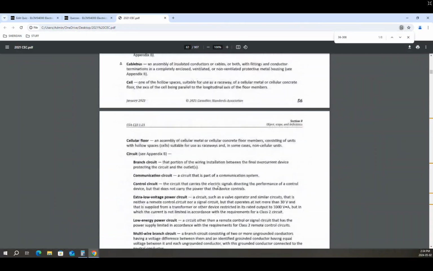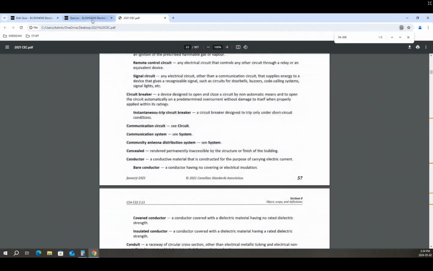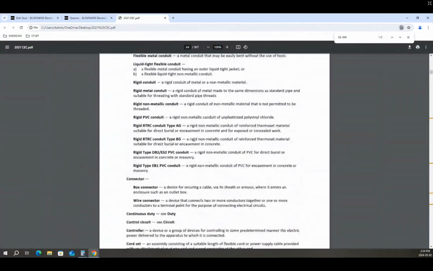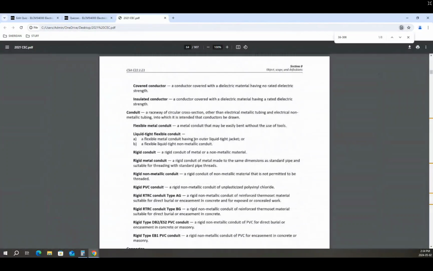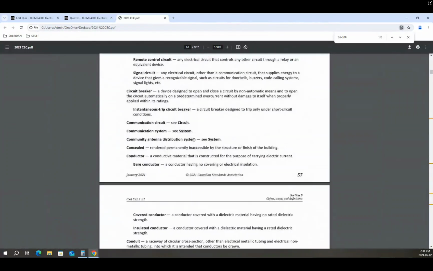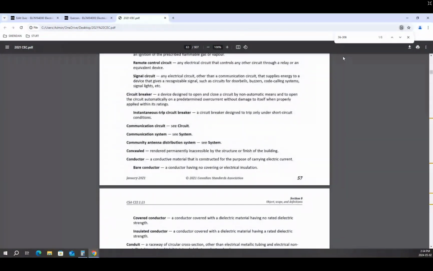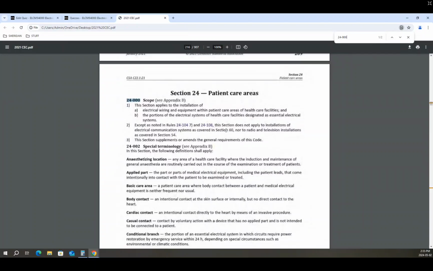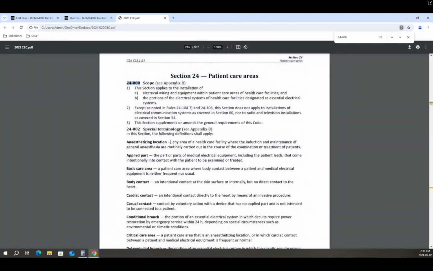Not in there. Nope. Okay, then how about Section 24? That's patient care areas. Oh, okay.